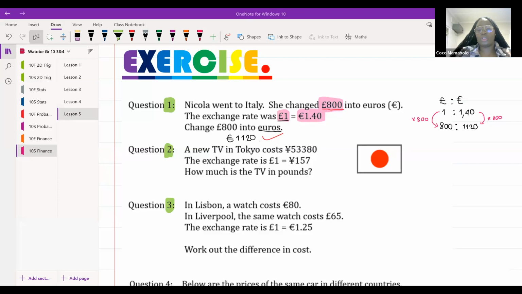I hope we're still all doing okay. Excellent. Okay, that last one, question 3, is a bit tricky, but we'll get around to how it needs to look.